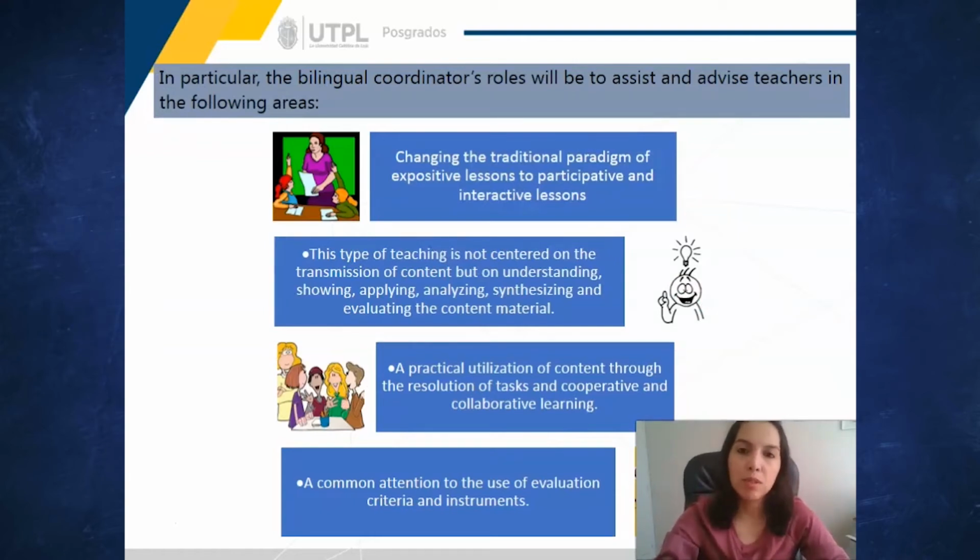The bilingual coordinator's role is to change the traditional pattern of expository lessons to participative and interactive ones, making students manipulate and use these contents.